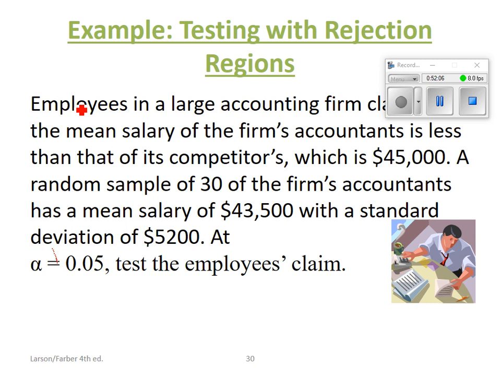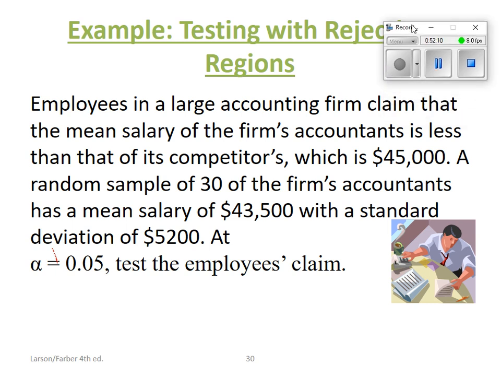So an example here: employees in a large accounting firm claim that the mean salary of the firm's accountants is less than that of its competitors. So you've got people that work at this accounting firm and they're throwing a fit because they're getting paid less than people at other accounting firms. Which is $45,000.